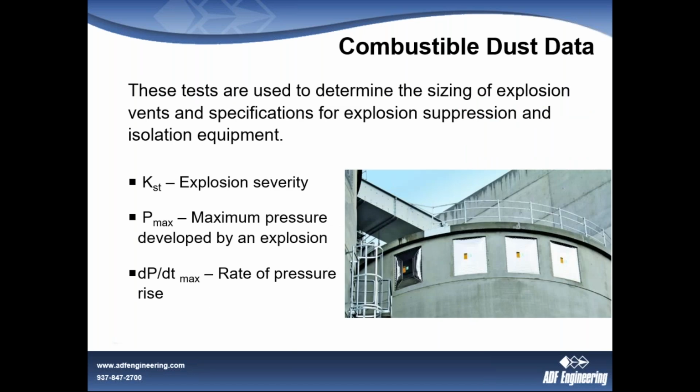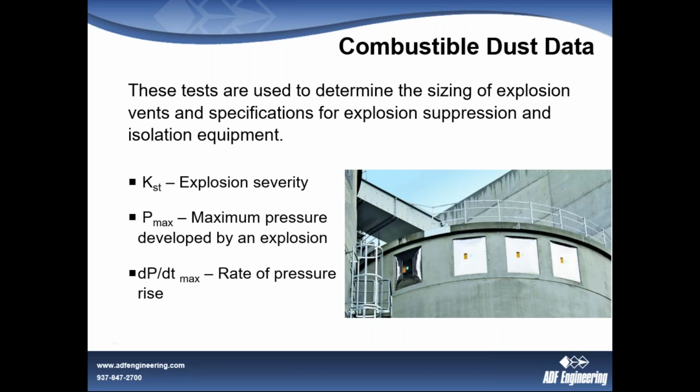So what are some of the data that you'll need to collect? First of all, the first group of testing revolves around the KST, and this is a term you may have heard of. KST is a calculated measure of the severity of an explosion that can be generated by your material. And it's defined as the rate of pressure rise over a given volume.